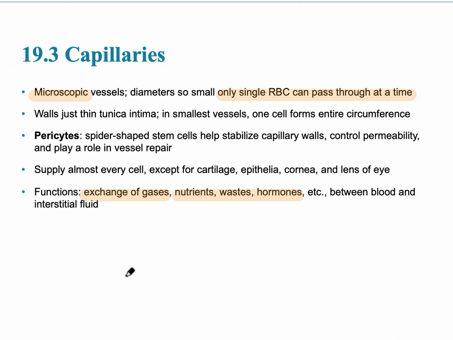Whereas it's opposite in the systemic capillaries. In that case, the blood is transferring the oxygen and the nutrients to the tissues, and the carbon dioxide is going from the tissues back into the blood, as well as the waste products.